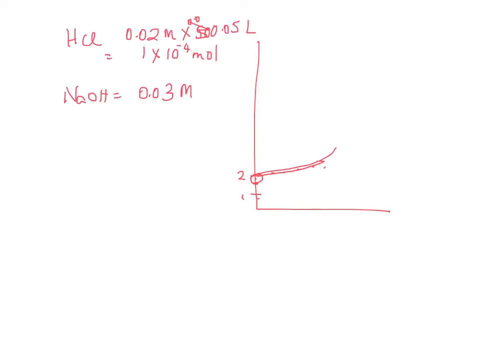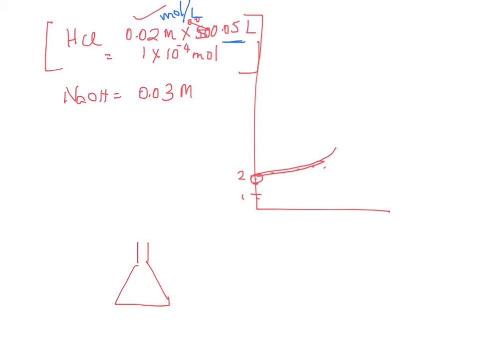Now, just to get a feel for how much volume will be required to achieve the equivalence point, I'm going to calculate the moles of HCl that I have in my flask. Since I have been given a 0.020 molar solution, and I have 50 milliliters of that, of course you will need to convert the milliliters into liters, so that's why I used 0.05, and molarity, you know from chapter 11, is moles per liter.